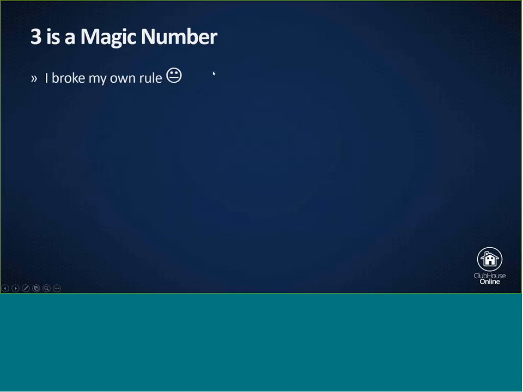All right, and my last rule of the 4, I have to confess, I actually broke my own rule. So this rule is kind of more of just a suggestion. There's no hard proof for this, but there does seem to be something about using content that is listed in groups of 3.